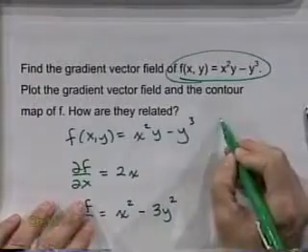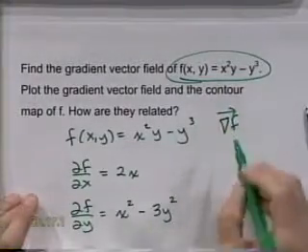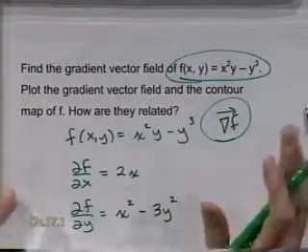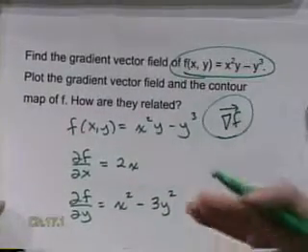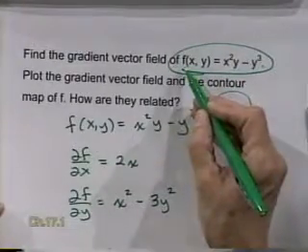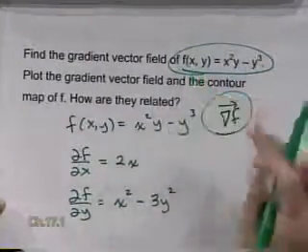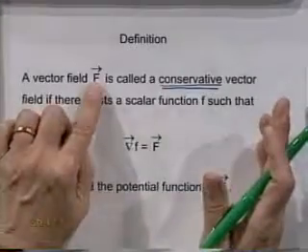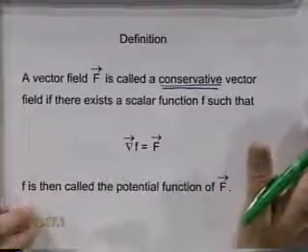We took the gradient of it, and that gave us a vector field. The question is this: if you give me a vector field function, can you find that scalar function f that if you take its gradient, you will get big F, the vector function? If that's the case, it's called a conservative vector field.